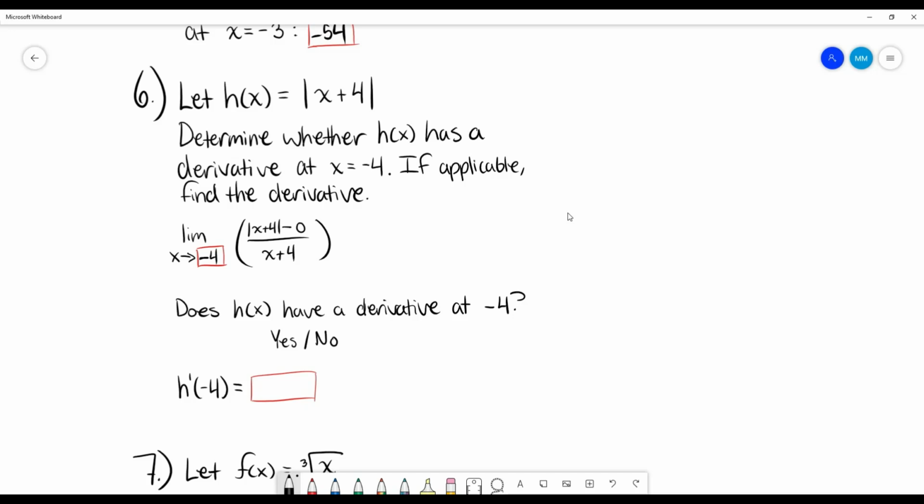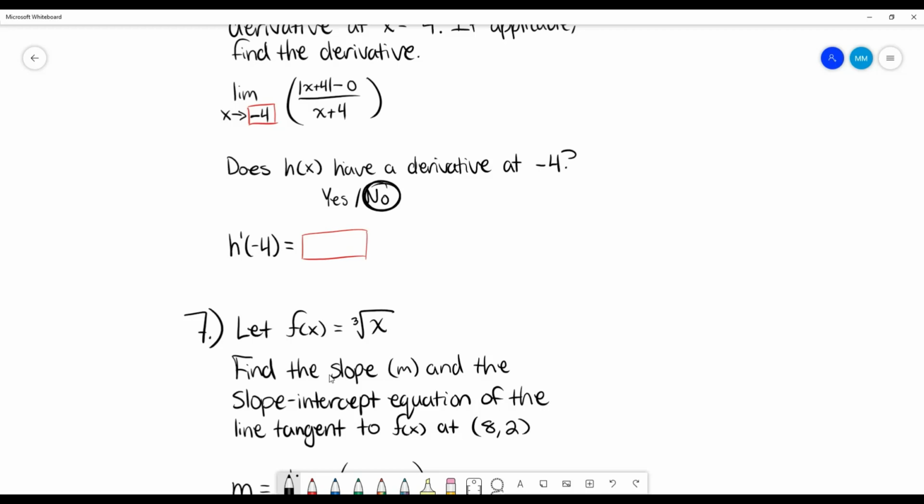All right, so that's the absolute value of x plus 4 over x plus 4. We can't plug in that -4 there, and if we were to graph that, we see that there is no derivative there because of this hole. This is non-differentiable at this point, which means that h prime of -4, or the derivative of h at -4, does not exist.